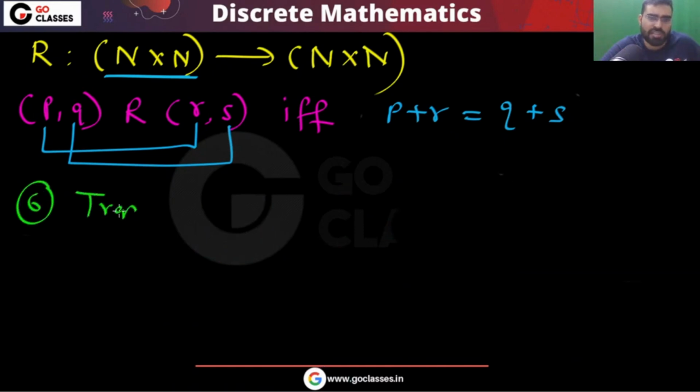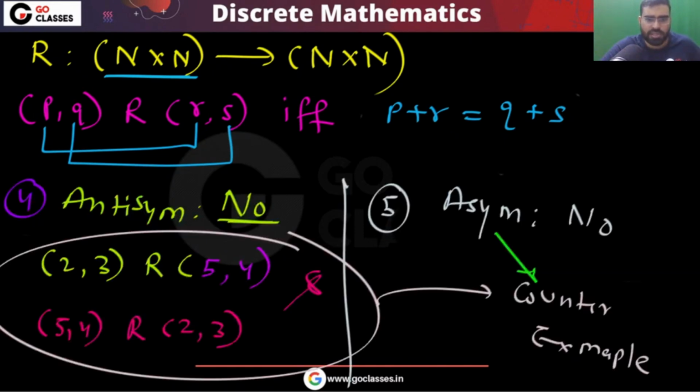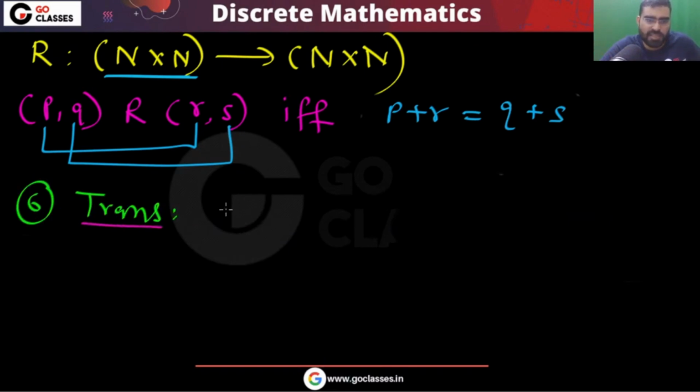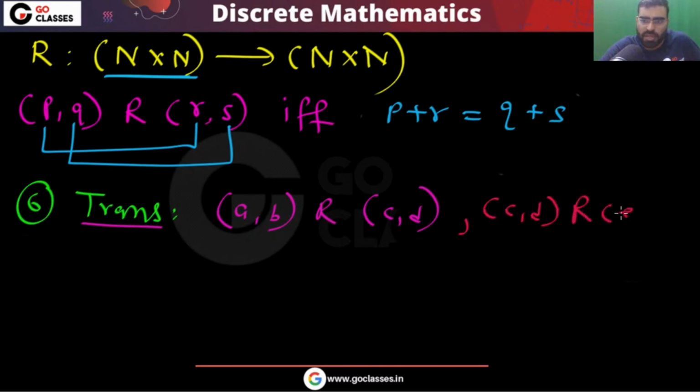What can you say about the transitive property? The transitive property says that if A comma B is related to C comma D, and let's assume that C comma D is related to E comma F, then can we say that A comma B will be related to E comma F?